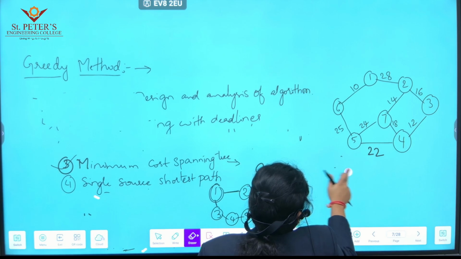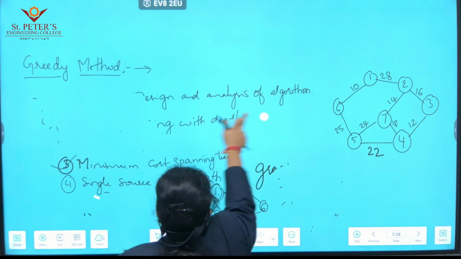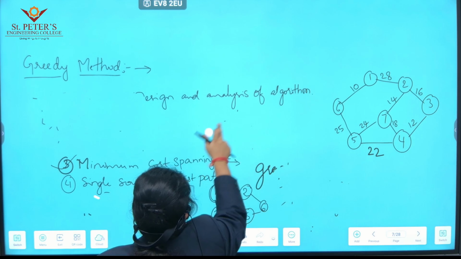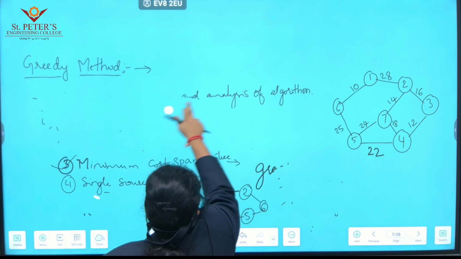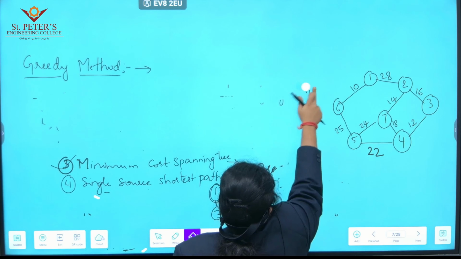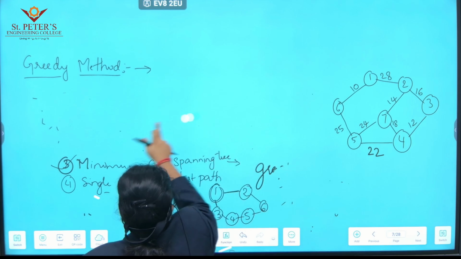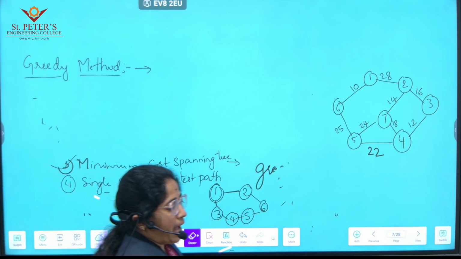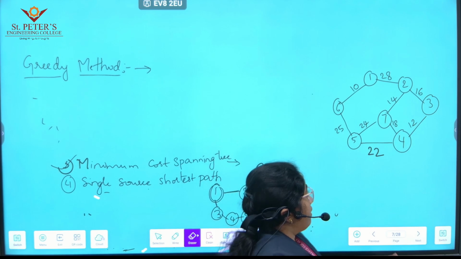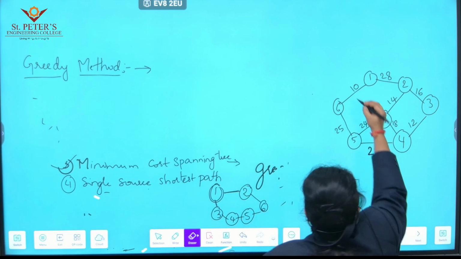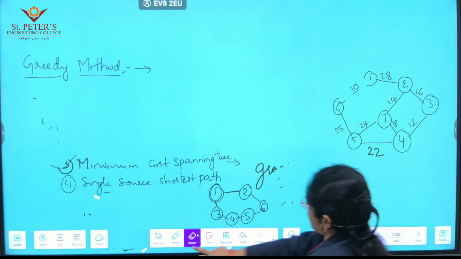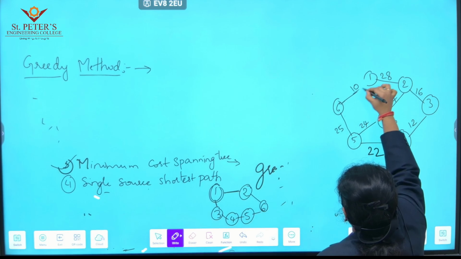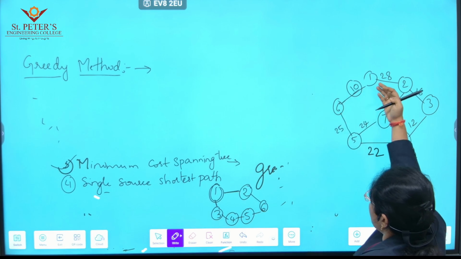A spanning tree is a graph that consists of vertices and edges. From each vertex we will have a path to the remaining vertices, and each path has a cost from one vertex to another.